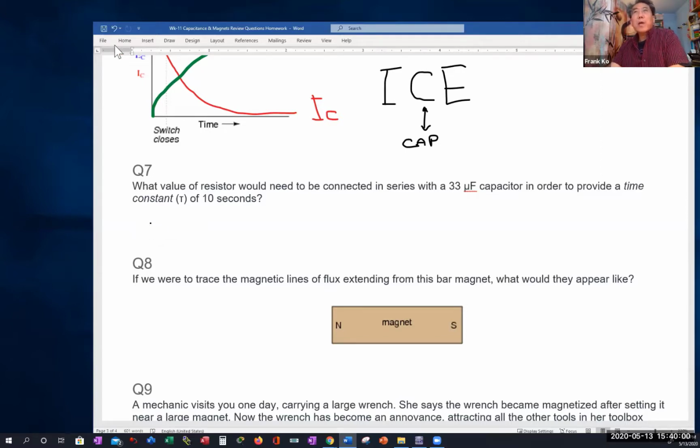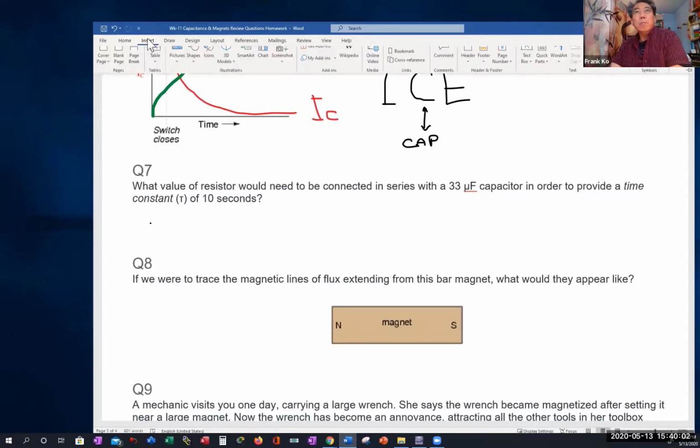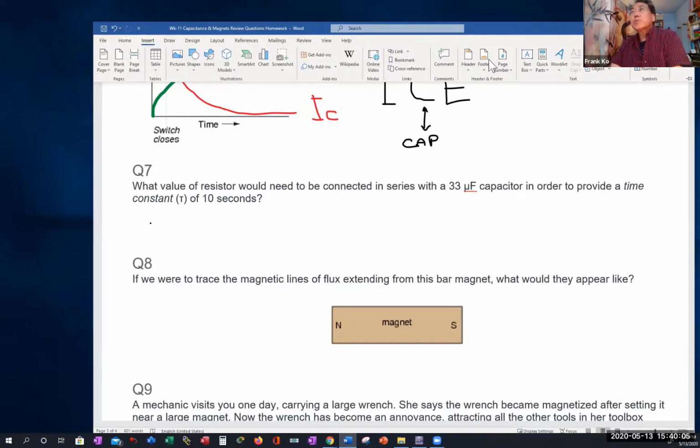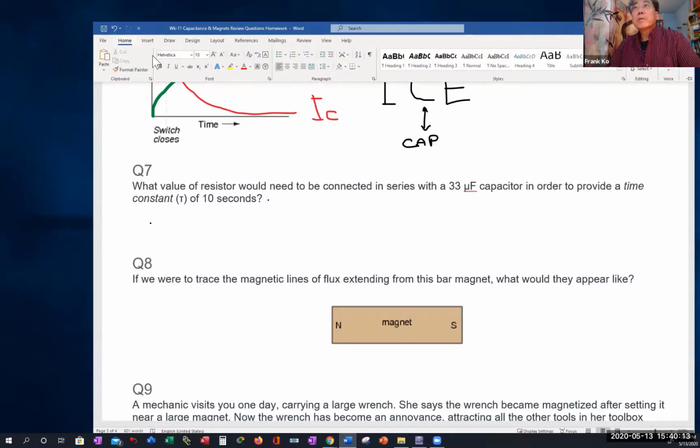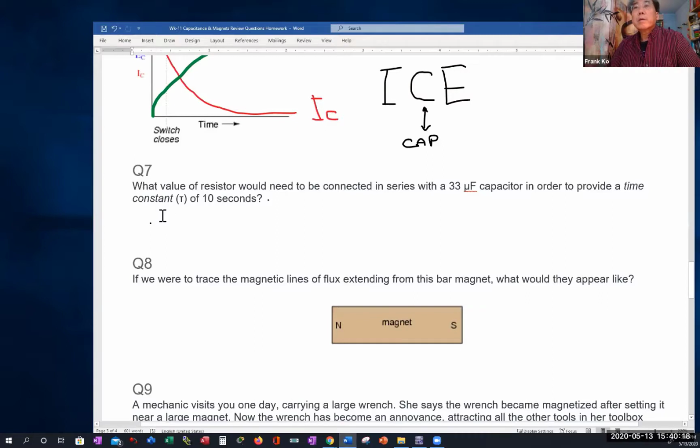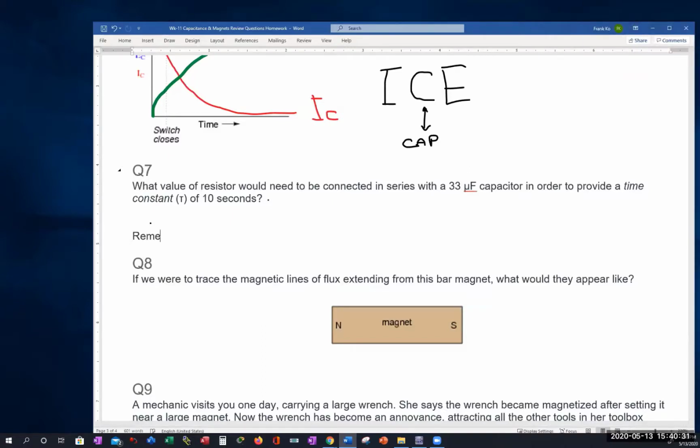So let's go ahead here. Rolando, you want to help us out with this? Only resistor.